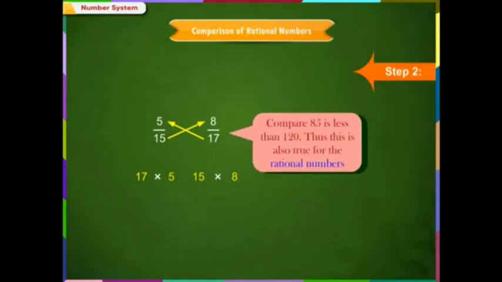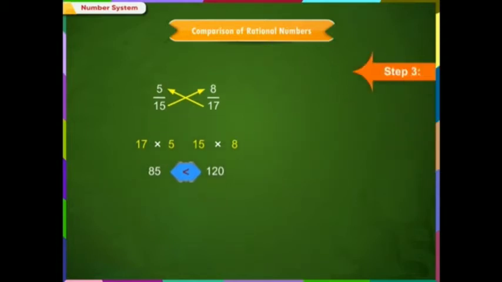We see that 17 into 5 is 85 and 15 into 8 is 120. 85 is less than 120. Thus, this is also true for the rational numbers. Step 3. As we see that 85 is less than 120, the first rational number is less than the second rational number.